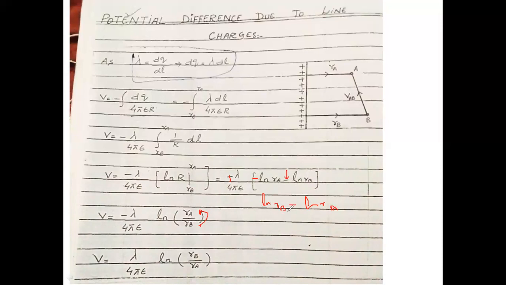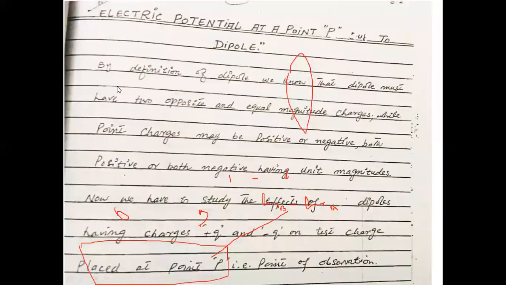That is why we have ln of Rb over Ra to remove this minus, and this is the electric potential or the work done in moving a charge from point B to point A in a field due to line charges.